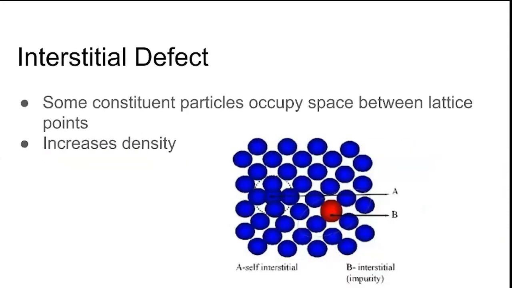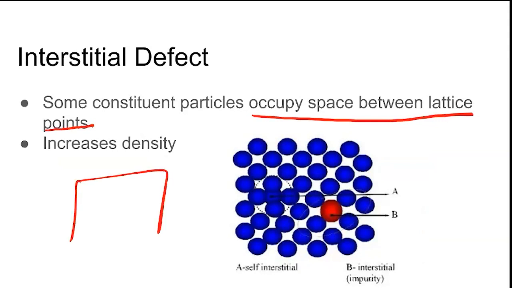And interstitial defect. What is this defect? Look carefully here. In this defect, atoms occupy a space between the lattice points. I told you, suppose this is a lattice point. So some atoms occupy this space, or even this space.